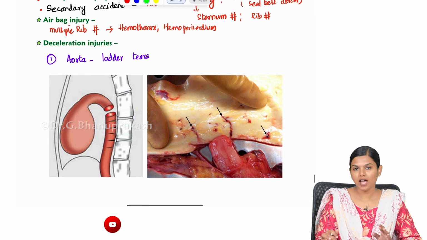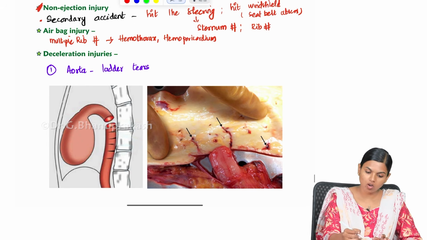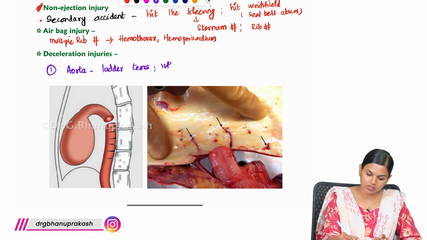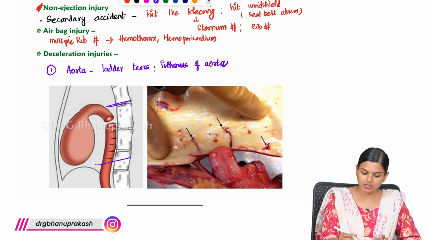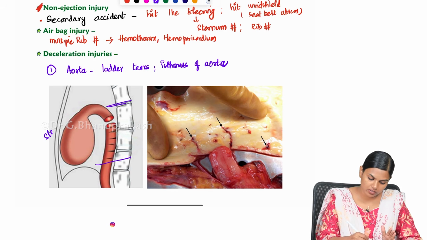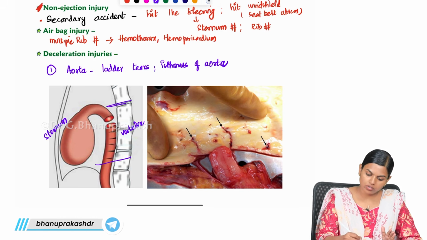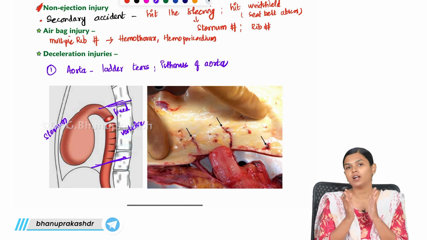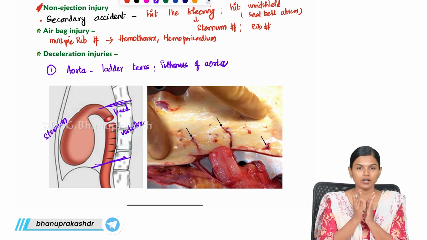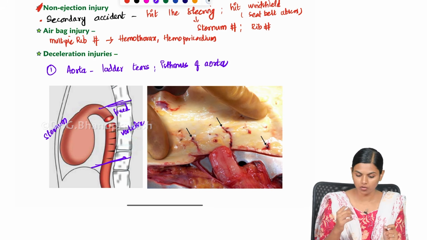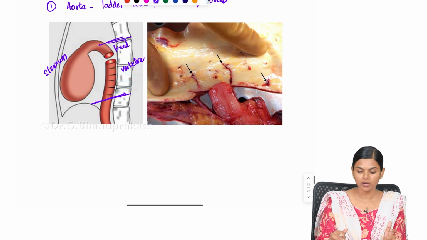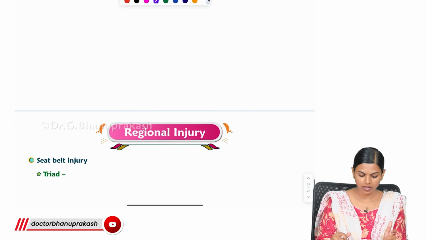This is known as ladder tears of the aorta, commonly seen in the isthmus of the aorta, because this is where it gets compressed between the sternum and the vertebra. This position is relatively fixed, so it gets compressed between the sternum and the vertebra and there will be a tear in the intima of the aorta. This is the most common deceleration injury that you can experience.